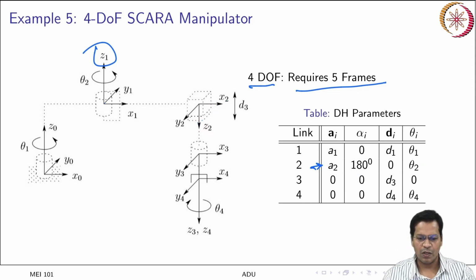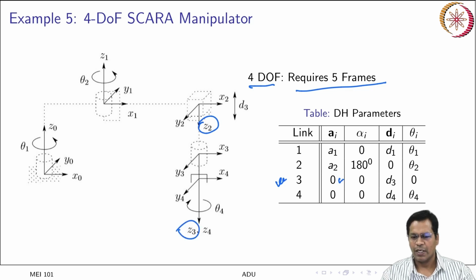Now let us see the third one. Again you have link length equal to 0. Why? Because there is no distance measured between Z2 and Z3. Both are aligned together, so that makes it 0.